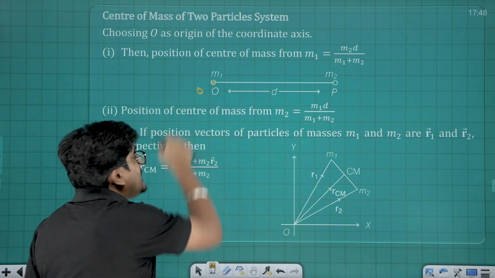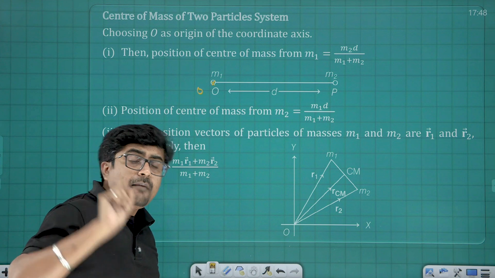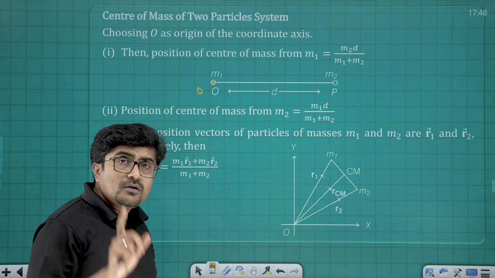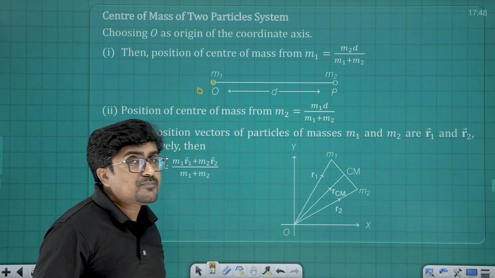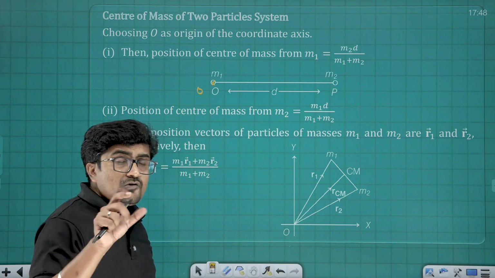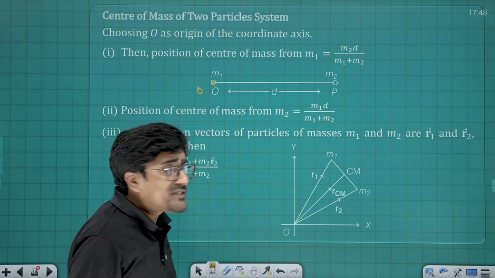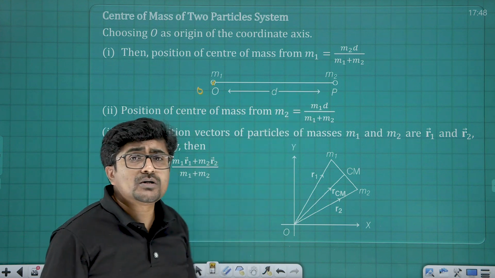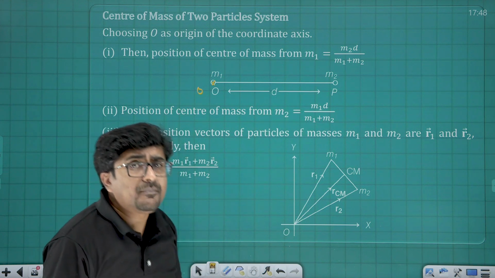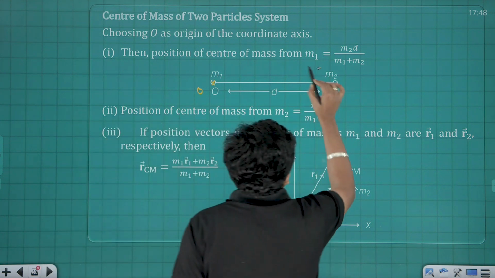Now once I take the position of m1 as the origin, the position of m1 with respect to origin is going to be 0. So the m1 x1 term is going to be 0 here. For m2 x2, x2 is d here, so it's going to be m2 into d divided by m1 plus m2. That is what you can see here.